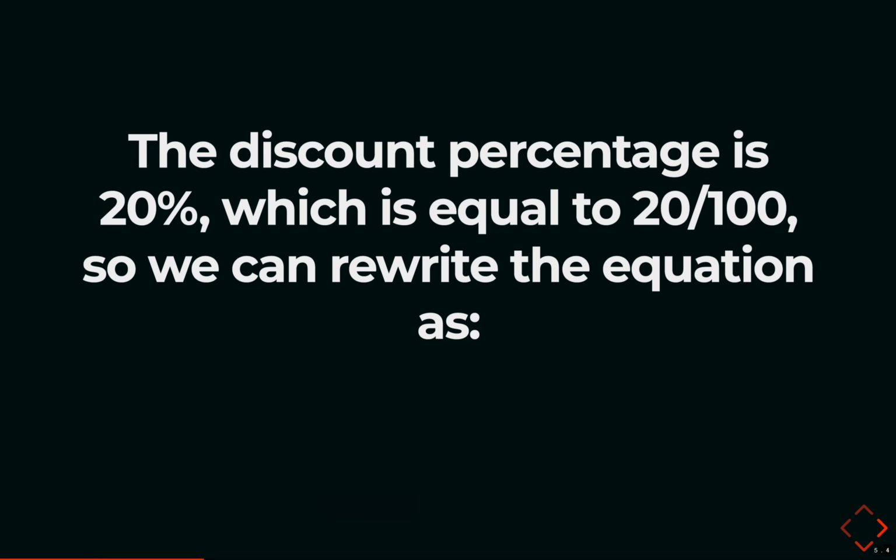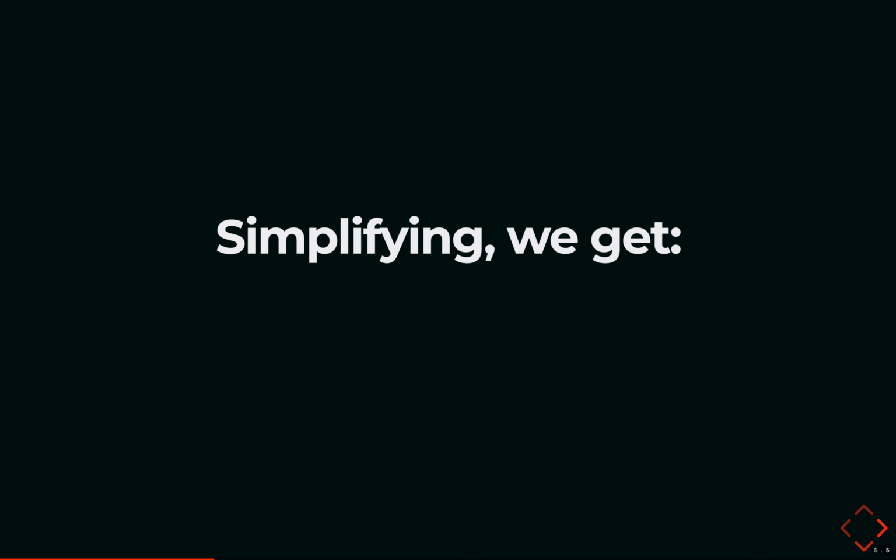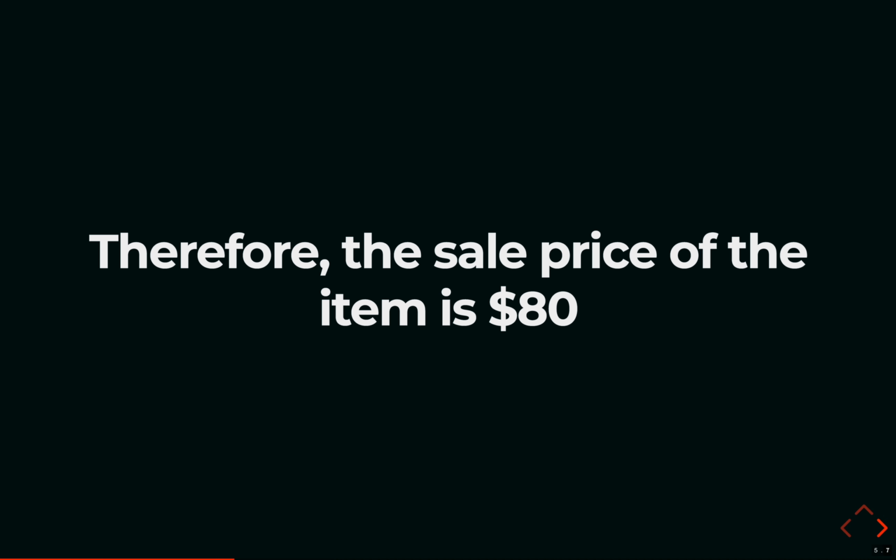So we can rewrite the equation as sale price equals $100 minus 100 times 0.2. You see here we converted the fraction to a decimal. Simplifying, we get sale price equals 100 minus $20. Subtracting 20 from both sides, we get sale price equals $80. Therefore, the sale price of the item is $80.